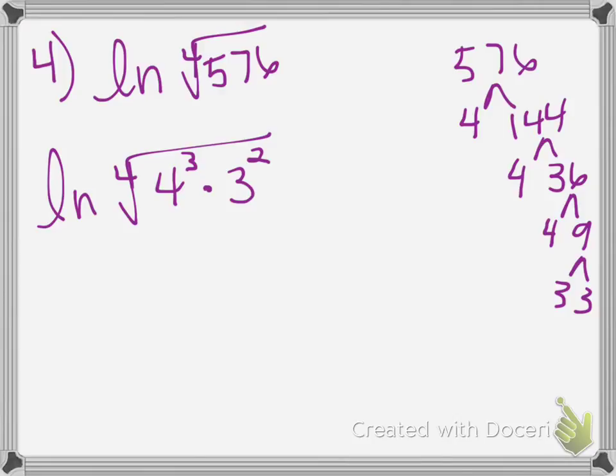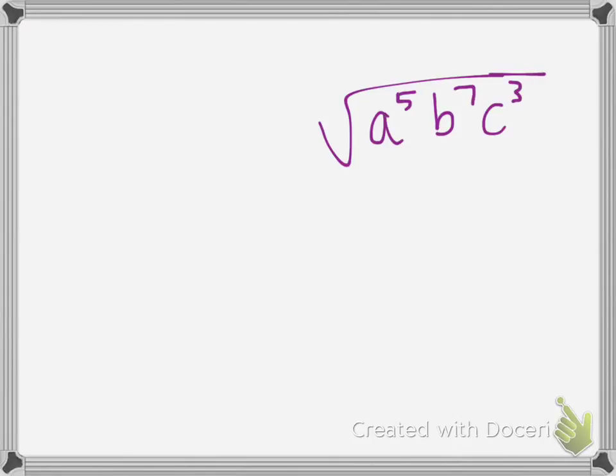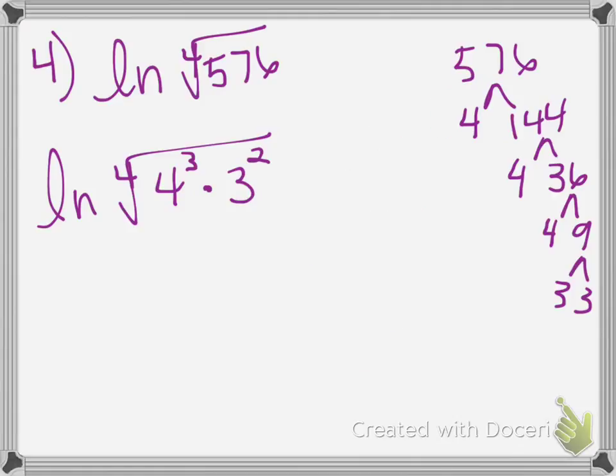Now, remember way back when we did something like the square root of a to the 5th, b to the 7th, c to the 3rd, and we had to do my exponent divided by root to figure out what a to the whatever power would be. That's what we're going to do here, only I'm going to just write it in fraction form. So this is going to be ln of 4 to the 3/4 power.